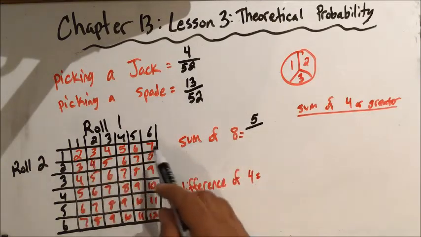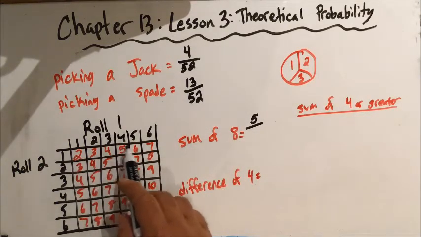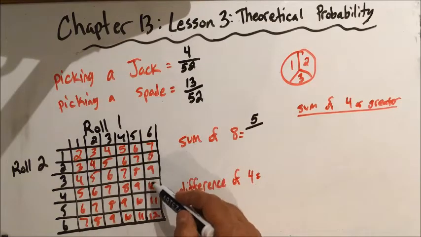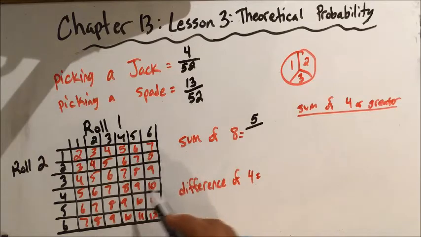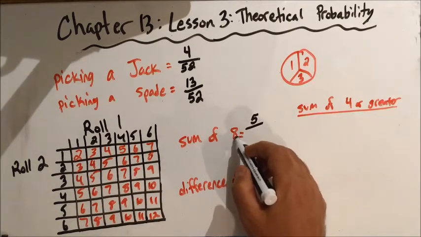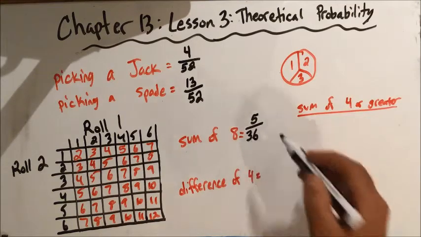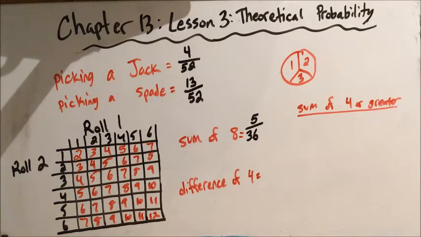How many options do I have here? I have 1 through 6 by 1 through 6, so 6 times 6, which is 36. So I have 36 total options, and the odds of rolling an 8 is 5 out of 36.